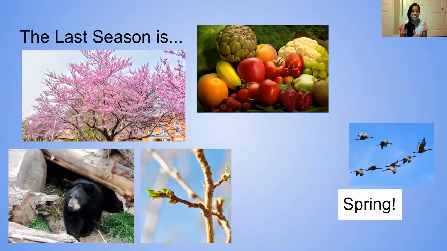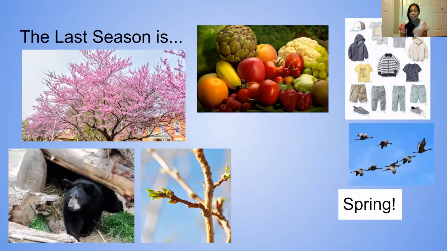So one of my favorite foods is artichokes, and those come out during the spring. So that's pretty wonderful. And then we have different clothes. We will have lighter jackets, jackets that aren't as heavy, and t-shirts and pants and socks and hats and shoes, but just a little bit thinner and a little bit less clothing.